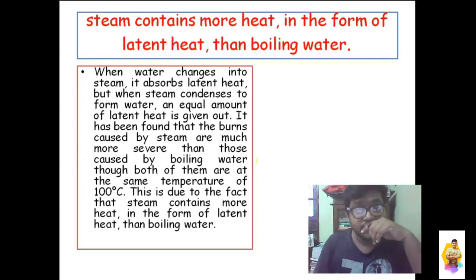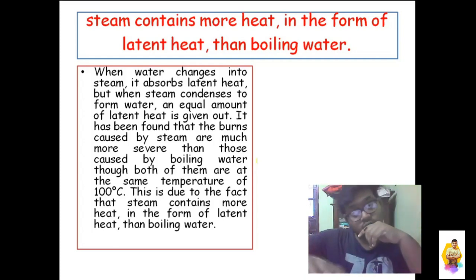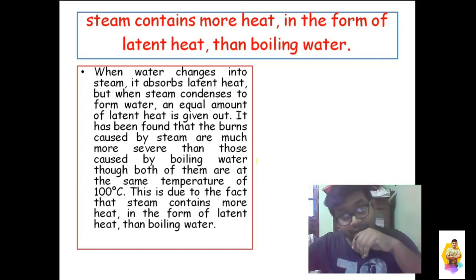Now, what is the reason? The reason is quite simple. The boiling water is at 100 degrees Celsius and the steam is also at 100 degrees Celsius. Now, where is the difference between the boiling water and the steam? The difference is that the boiling water is in liquid form and the steam is in gas form.